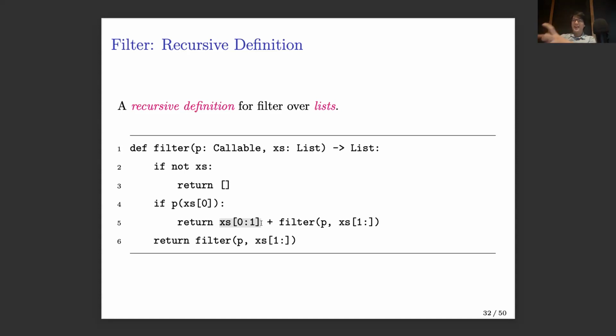That element is going to be x0. And then I just want to concatenate, filter the rest. This is the rest of the list. Now you see why these list slices were created the way that they were. It makes recursion really easy, because I can say, give me the first element of the list and pass on the rest of the list. If it wasn't the case that the initial element of the list satisfies the proposition, then we just dump it. Then we just keep filtering. Just drop this element and try the next one. So that's the simple recursive definition for filter.